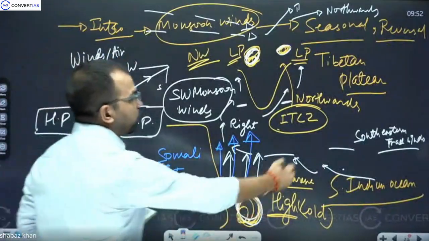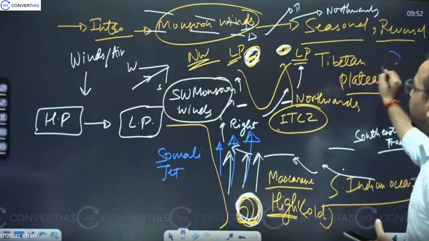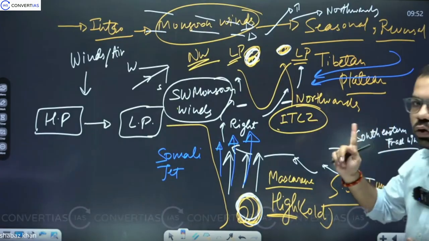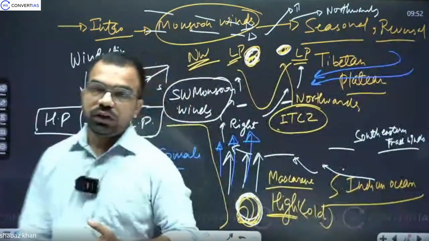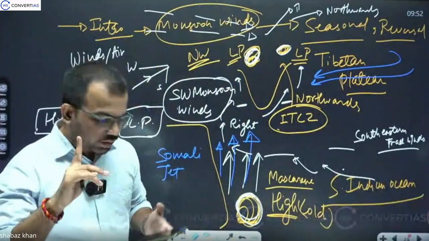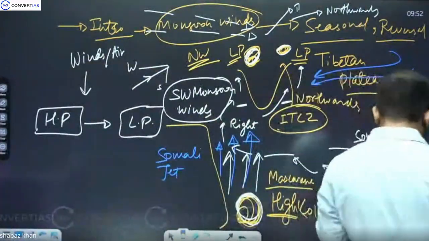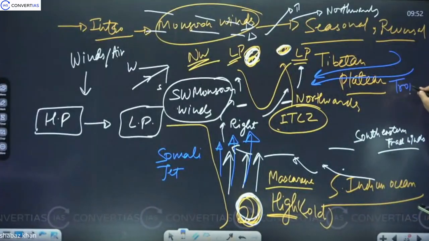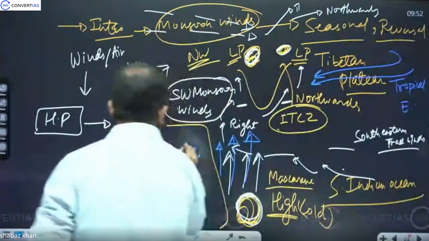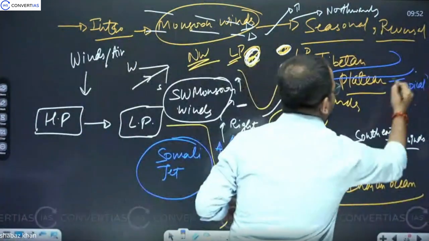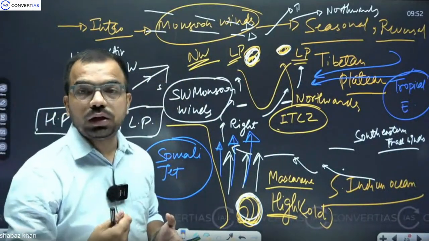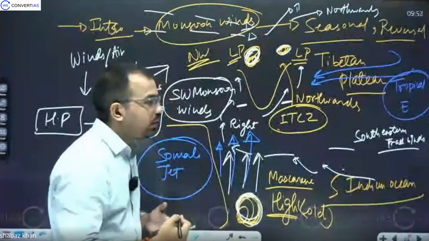Are there some other jet streams also which are going to push the winds towards India? The other jet stream is the tropical easterly. Tropical easterly and Somali jet both are going to play a very pivotal role in the onset of monsoon.